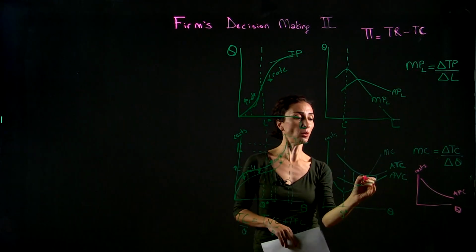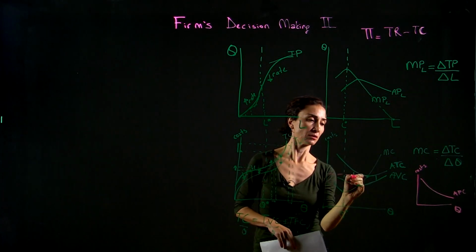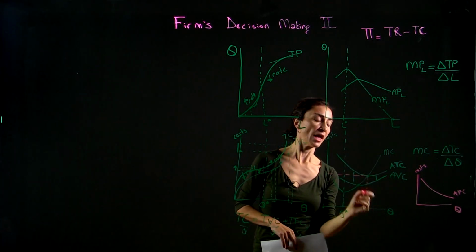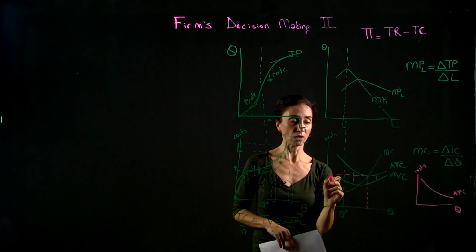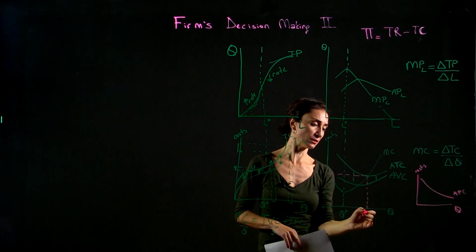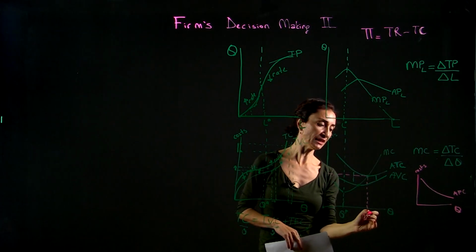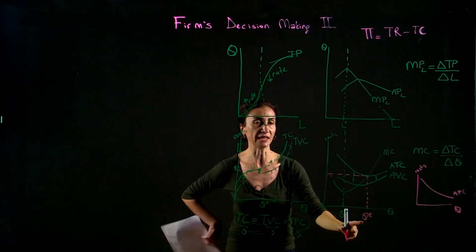And there is a point here. Look, average total cost is minimum. So for instance, let's call this QE. I'll explain why I call it QE.